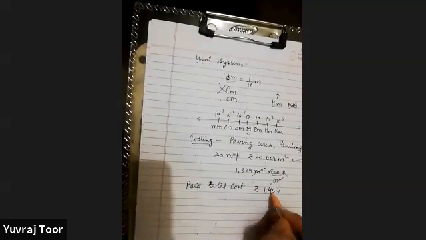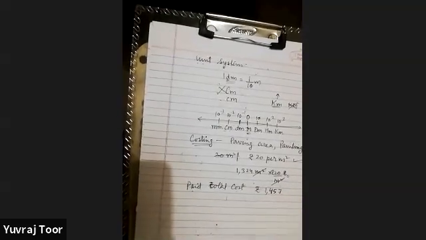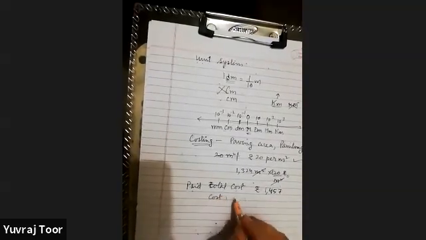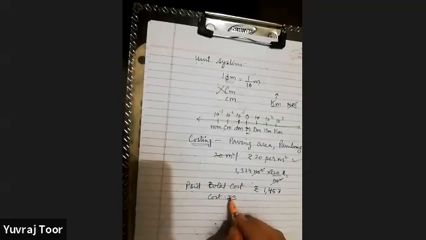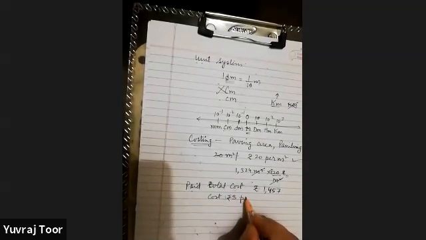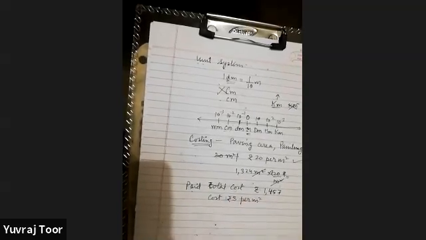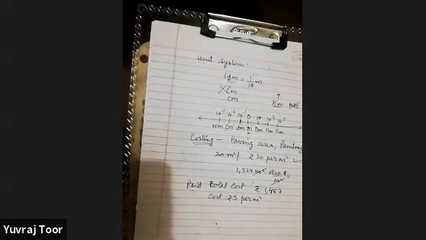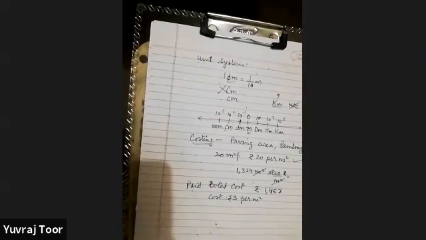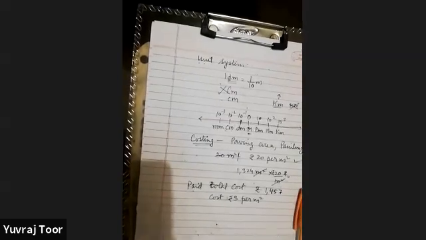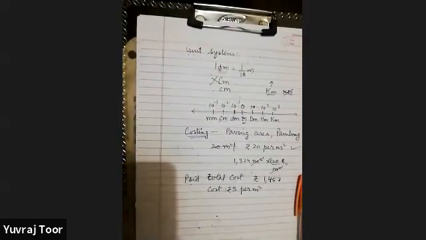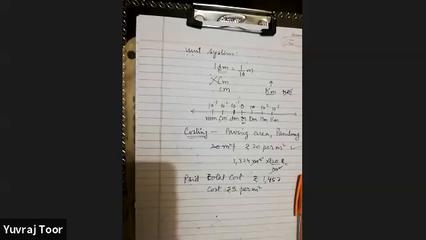For 1,400 you have paid, and the costing was done on the basis of rupees 3 per meter square. You are talking about areas, and the question is with the rupees only. So my question goes to you people. You have to raise your hand, not answer it straight away.